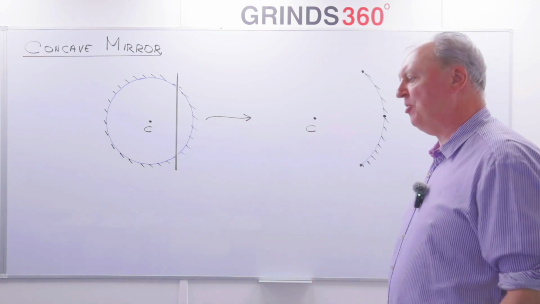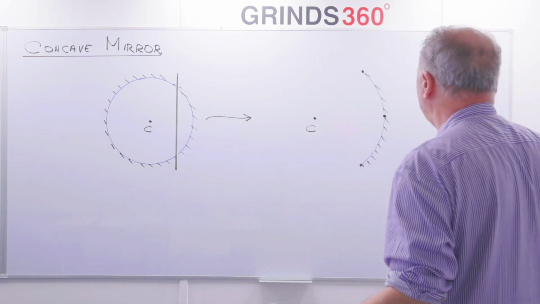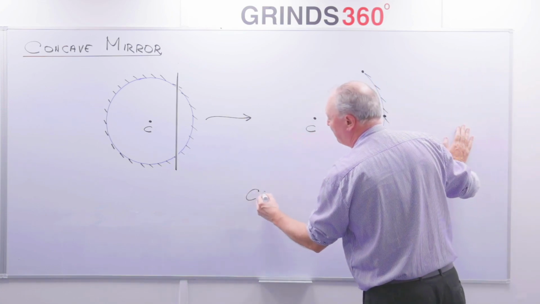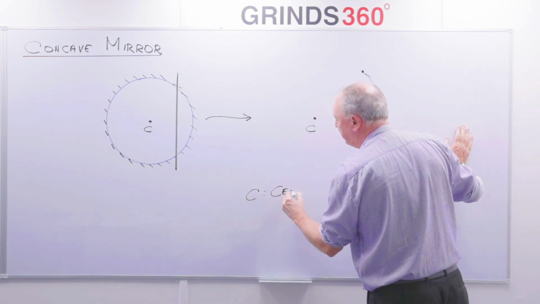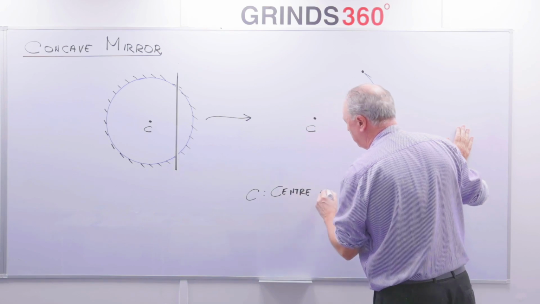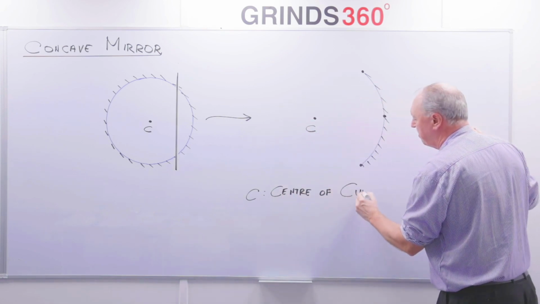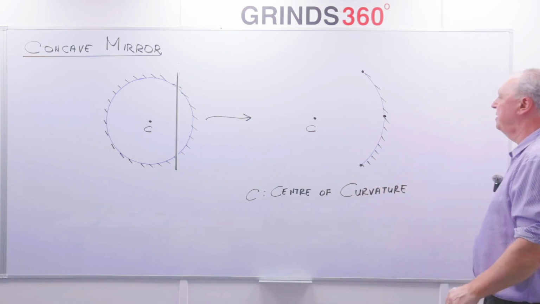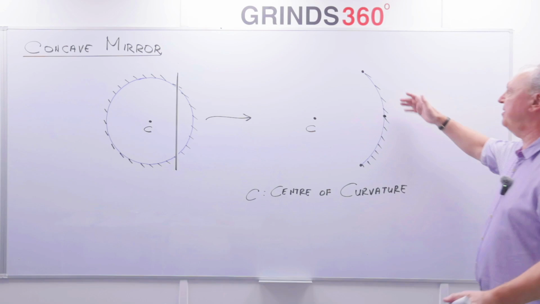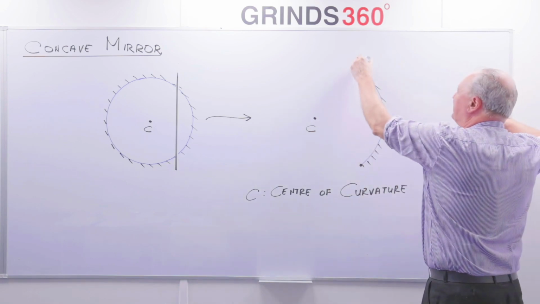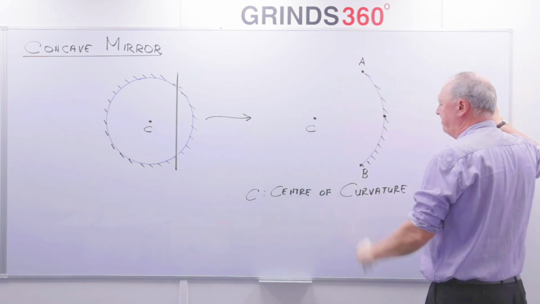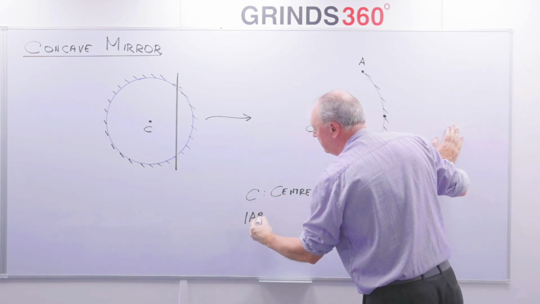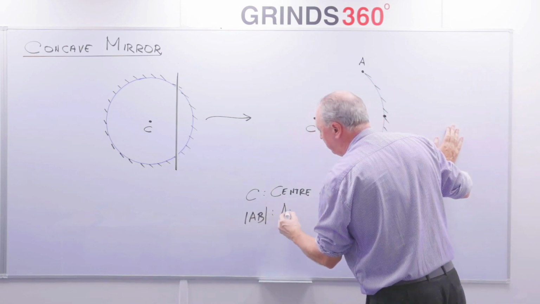So let me look at some definitions. Well, C is called the center of the mirror, or more fancy than that, it's called the center of curvature. If I take the entire length of the mirror from up here, we'll call that point A, down to the bottom, we'll call that B. That entire length of the mirror, the distance AB, that's called the aperture of the mirror.